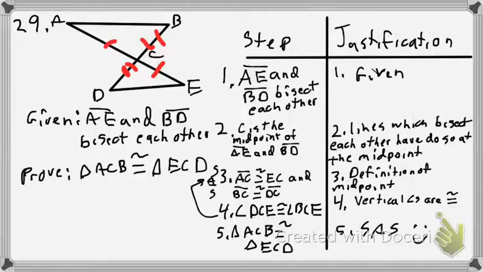So you need to look and go, okay, am I given two sides? If so, do I have the information to find that the third side is congruent, or do I have the information to show that the angle in between the two sides is congruent? So that's one option you have.